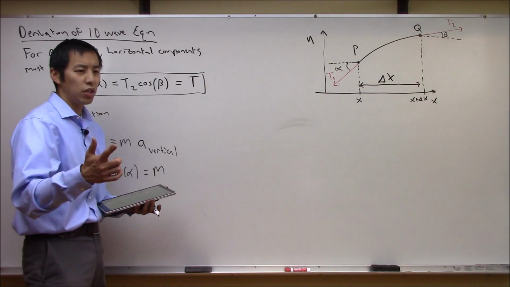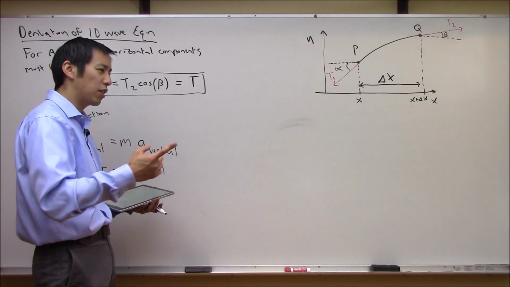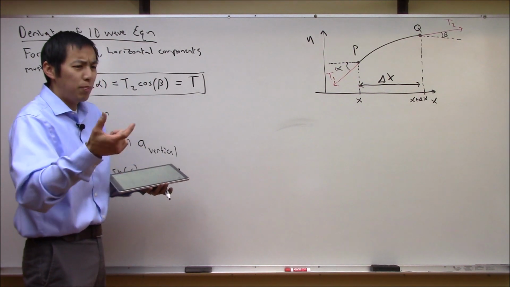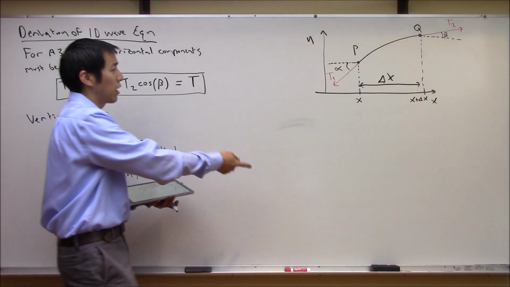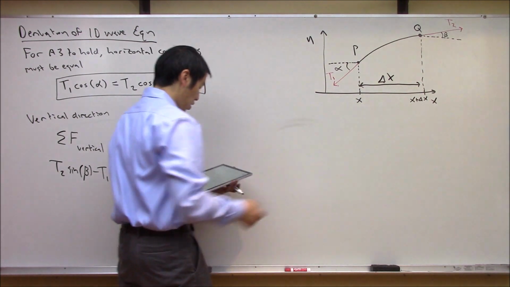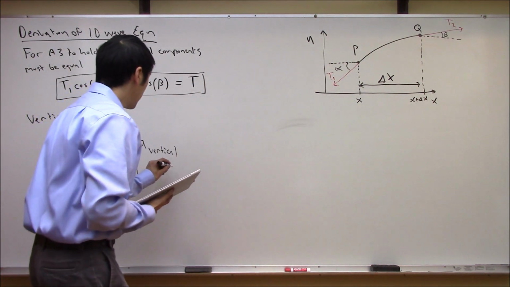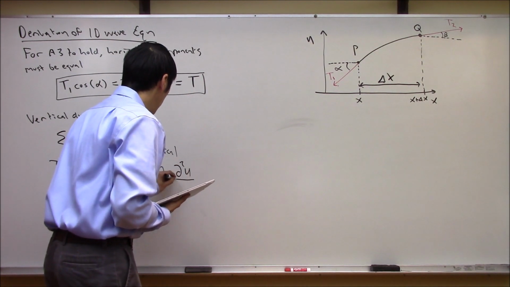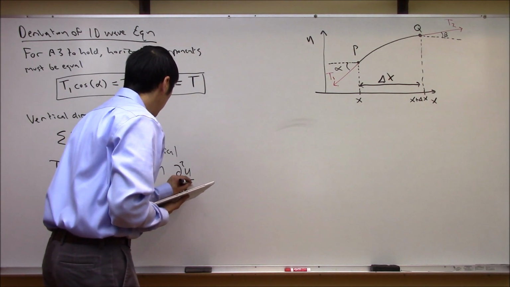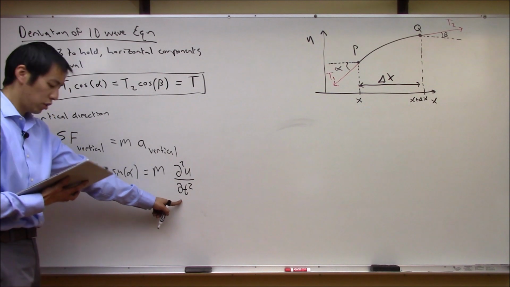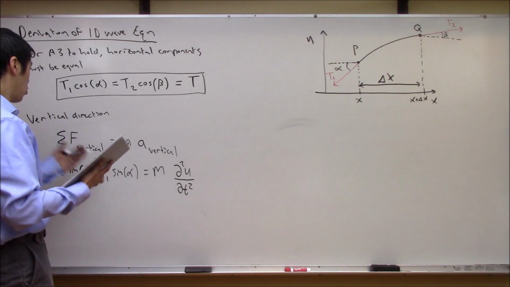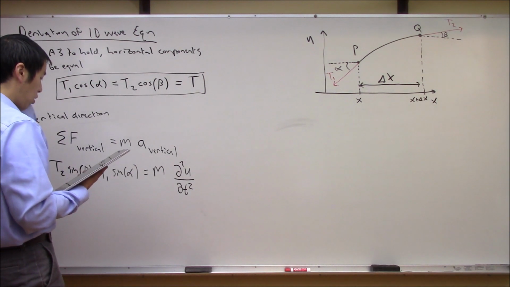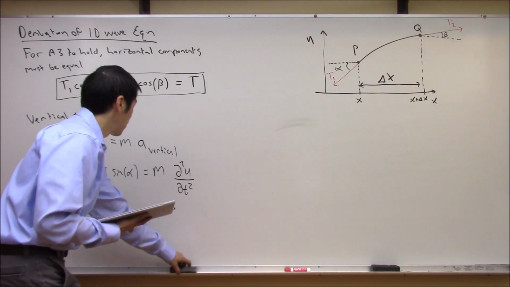Acceleration, as you'll remember from high school physics, is the second derivative of position. The position of this little mass of string is u. So the acceleration in the vertical direction is the second partial of u with respect to time. Great. Sorry, maybe what we should have done is figured out the mass first.